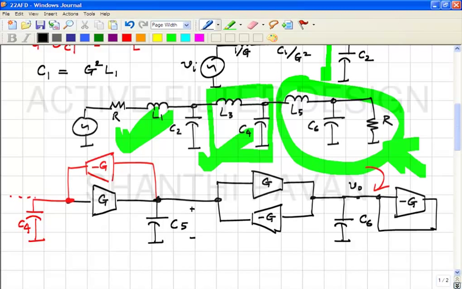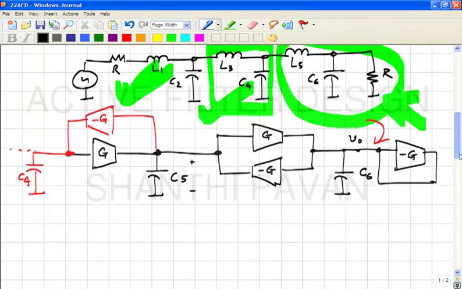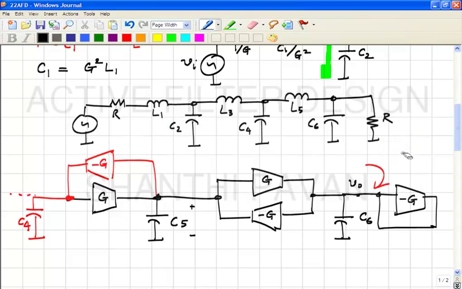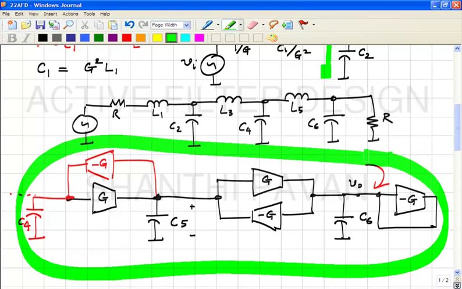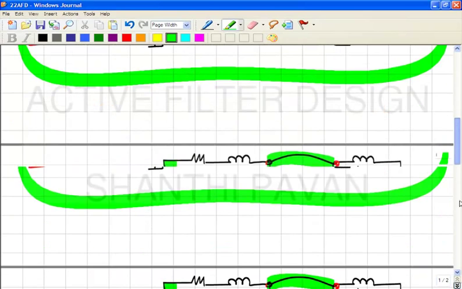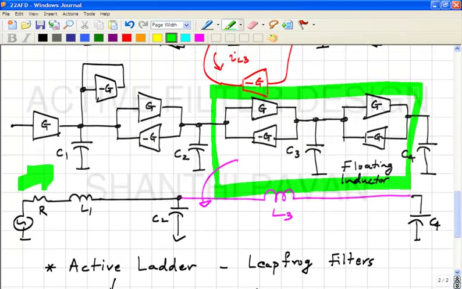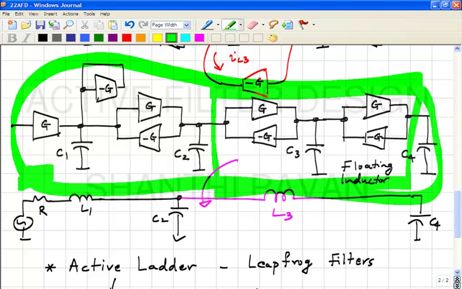Okay. All right. So how you would now emulate this structure using only transconductors and capacitors is to take this and cascade it with this, and make the circuit look like this. It seems fantastically complicated, right?